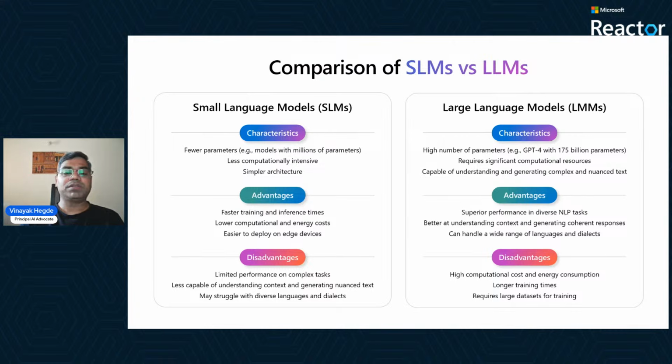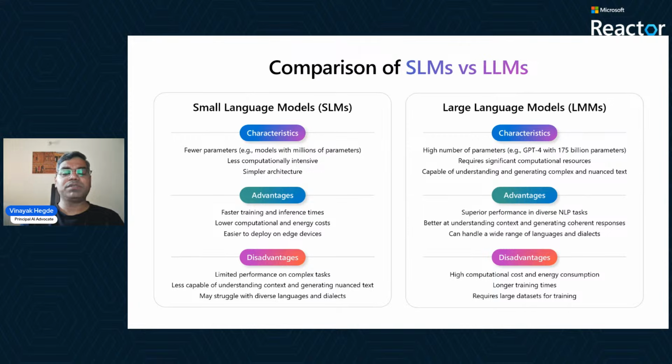It requires significant computational resources, but excels in complex tasks, understanding context, and handling diverse languages. However, they come with high costs and longer training times. Small language models, on the other hand, have fewer parameters, which makes them less intensive and faster to train. They are ideal for simpler tasks and edge device deployment, but may struggle with nuanced language and text.